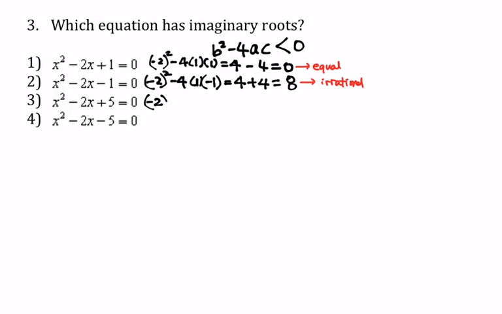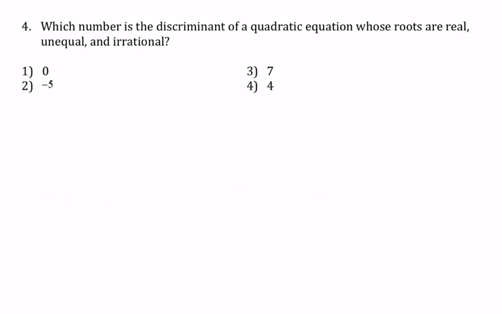Thirdly, negative 2 squared minus 4, a is equal to 1, c is equal to 5. Then you get 4 minus 20, which is negative 16. In that case, we will have imaginary roots. Alright, choice 3 becomes the answer. Let's look at number 4 for a second.